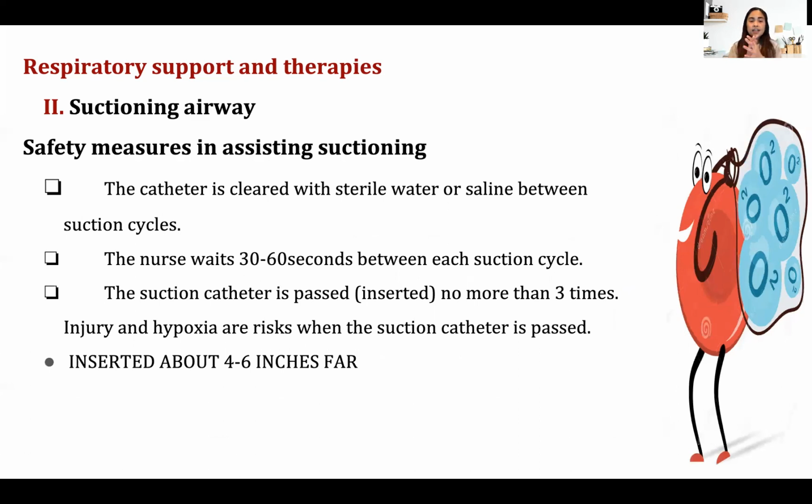The catheter is cleared with sterile water or saline between suction cycles. So if you suction one cycle, after that you put it in a bottle of saline or sterile water to clear the secretions. Then you put it back again and suction the patient. The nurse waits for 30 to 60 seconds between each suction cycle.